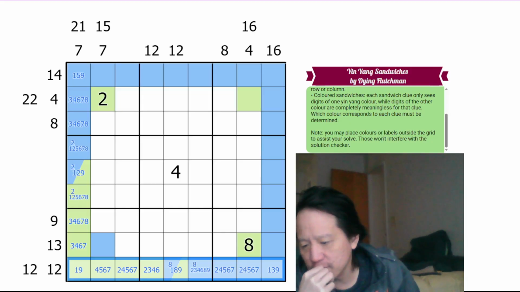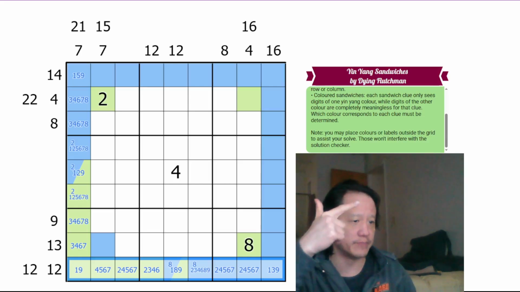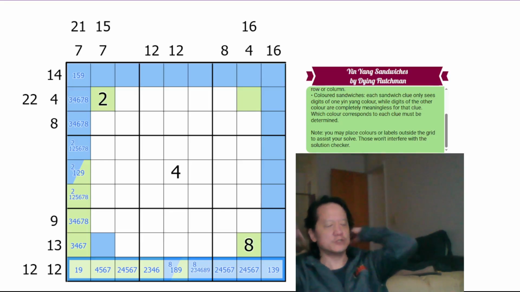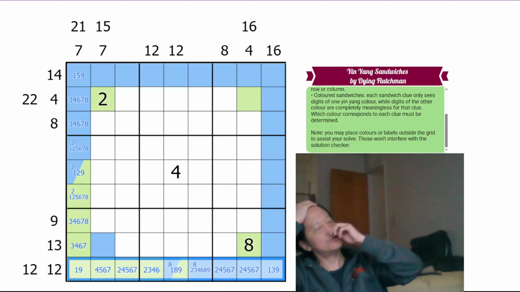Because if you have a 2 there, 1 and 9 can never be inside a sum. So 1 and 9 are always going to be outside. So you're always losing 10. But the difference between 20... Oh, it's 22. Okay, that's not that bad.